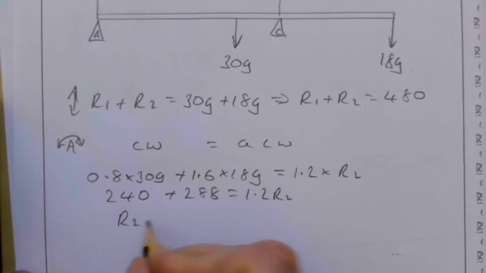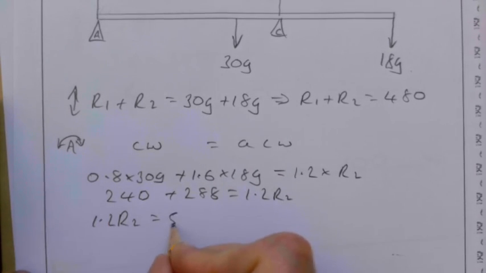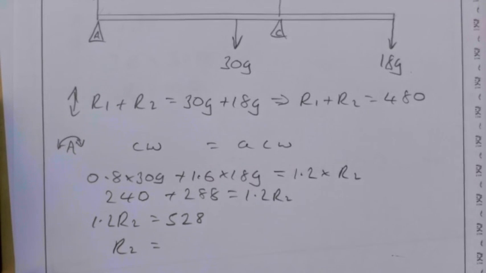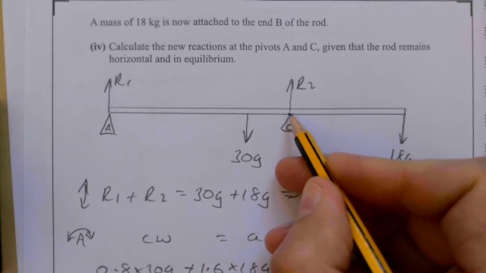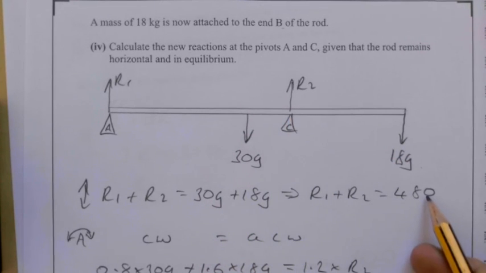So 1.2 R2 is 528. So R2 is 440 newtons. Our reaction here is 440, and remember they both add together to give 480.